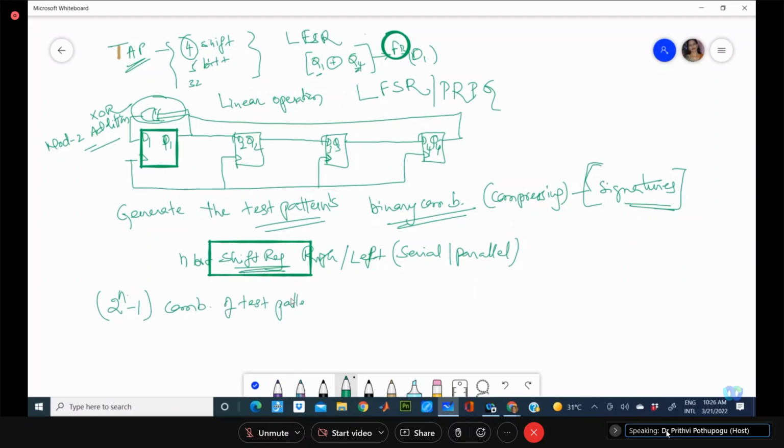And if I give one signature out of the possible test patterns, what is the probability that there will be a matching of the pattern?